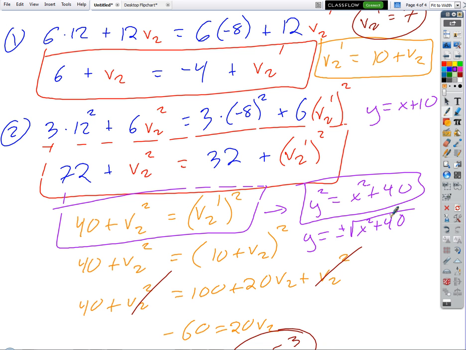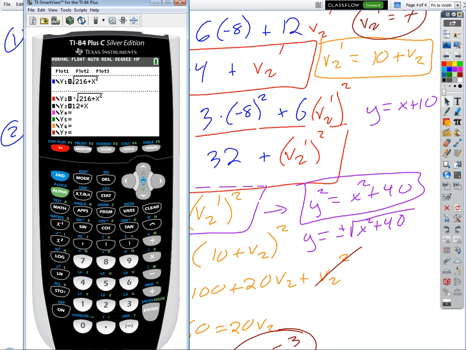So all I have to do on my calculator is graph all of those. We could graph the positive square root of x squared plus 40, and negative the square root of x squared plus 40. And we could graph y equals x plus 10.